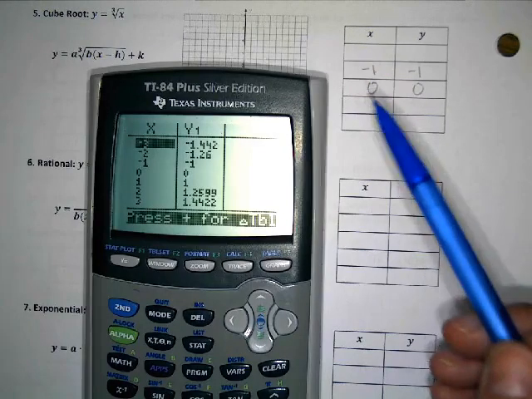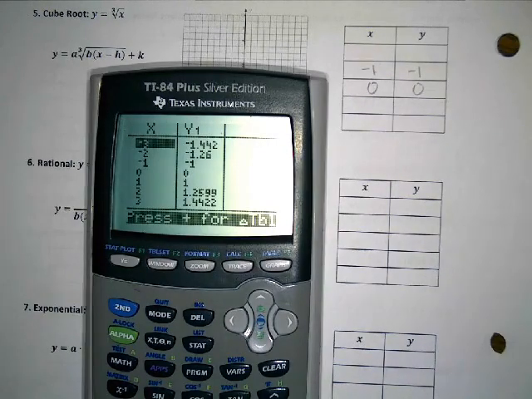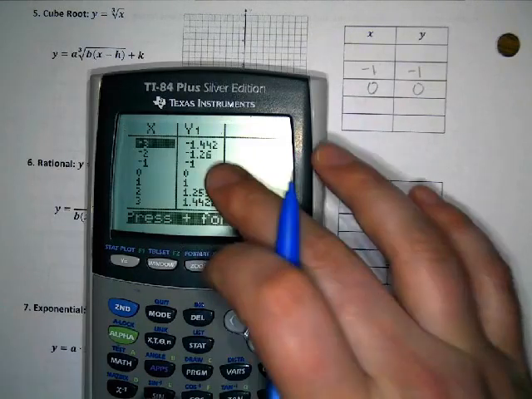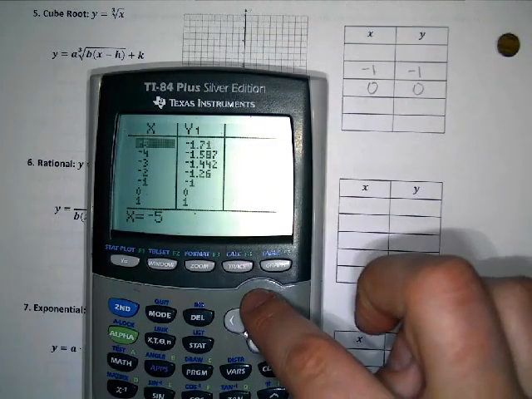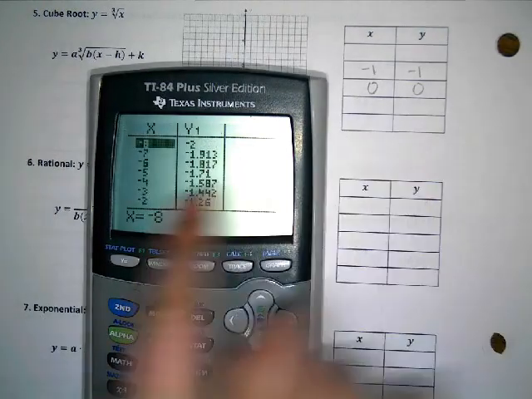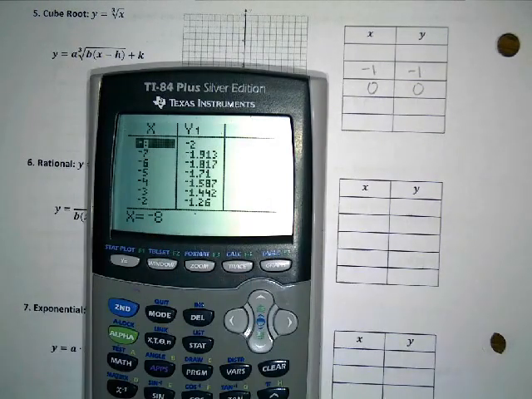So that works. So here, when I look for other values in the table, I'm going to skip anything that's a decimal, and I'm going to go back up. And if you cube root -8, you would say what multiplied by itself 3 times is -8? And the answer is -2. -2 times -2 times -2 is -8.